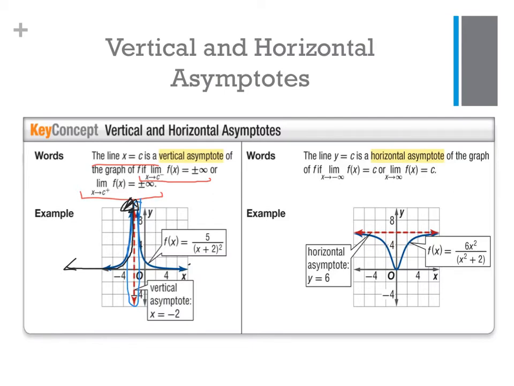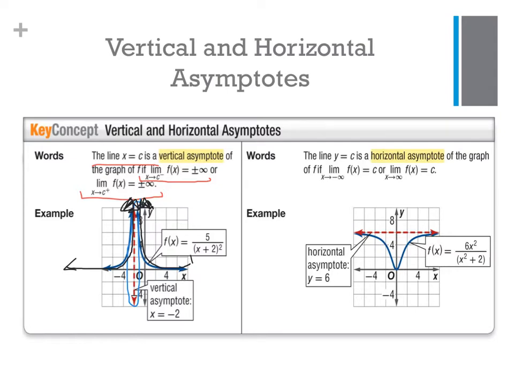And as we approach -2 from the right, so as I come from values greater than -2, our end behavior is also approaching infinity. So since our end behavior is infinite when we approach -2 either from the left or from the right, we can say that there's a vertical asymptote at -2.